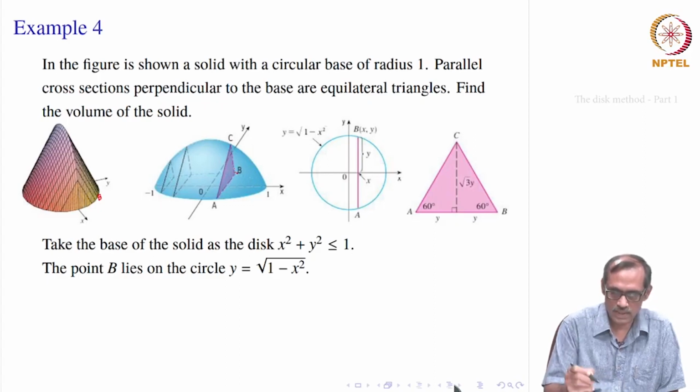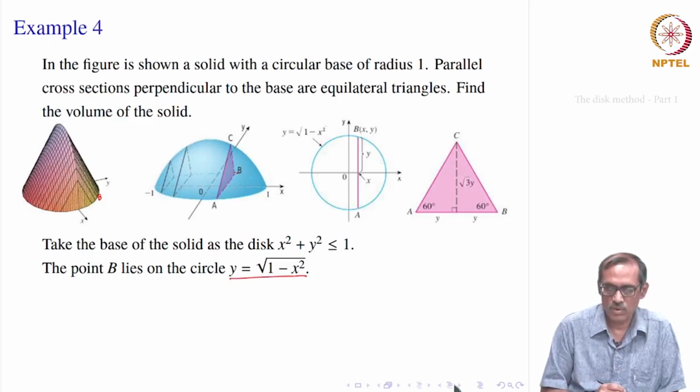That is painted here B in the second picture, that lies on the circle, which is the boundary of this disc x square plus y square less than or equal to 1. Therefore, in the plane x y, y is equal to square root of 1 minus x square. That is clear because this is B x y.